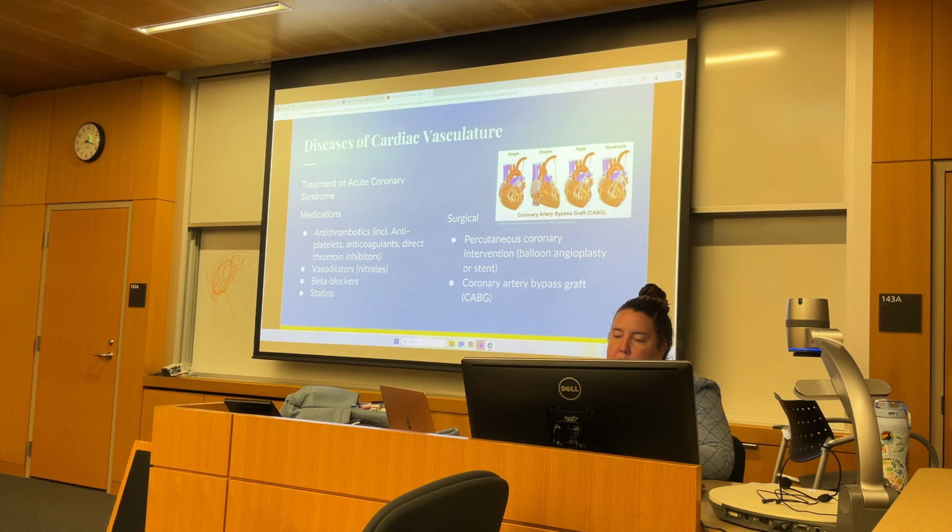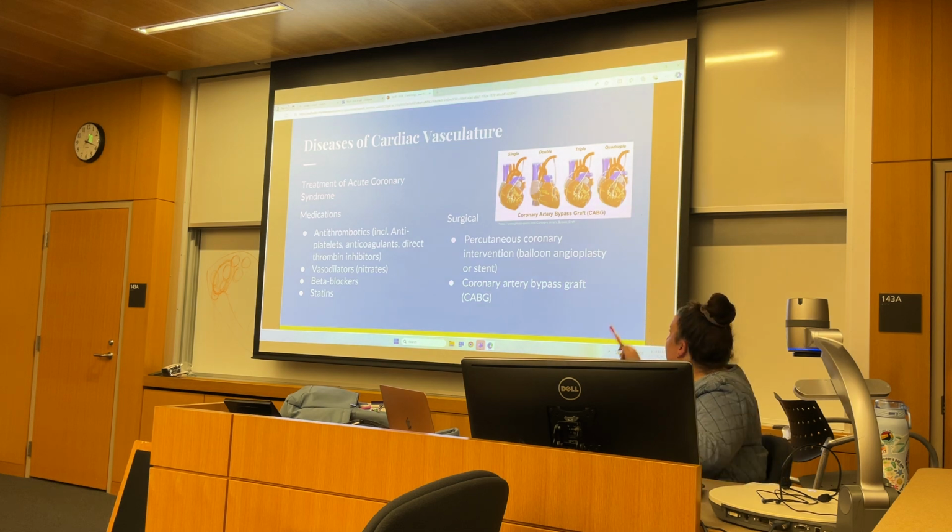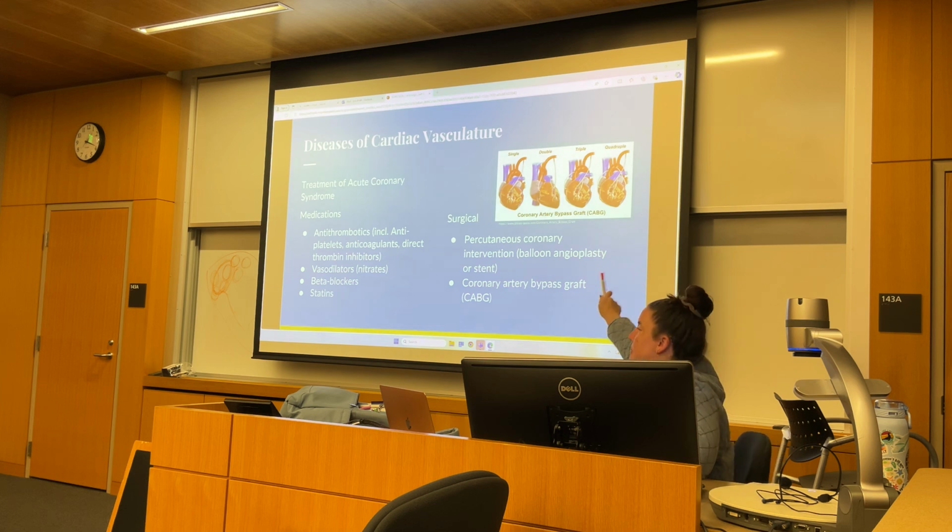We learned about the percutaneous coronary intervention, which is that balloon angioplasty or stent. But you can also have a coronary artery bypass graft. This is not something that you can do through a vessel, where you can go in through the femoral artery. This does have to be done through your chest, through an incision. But basically, they take a vessel from your own body and they attach it to your aorta.